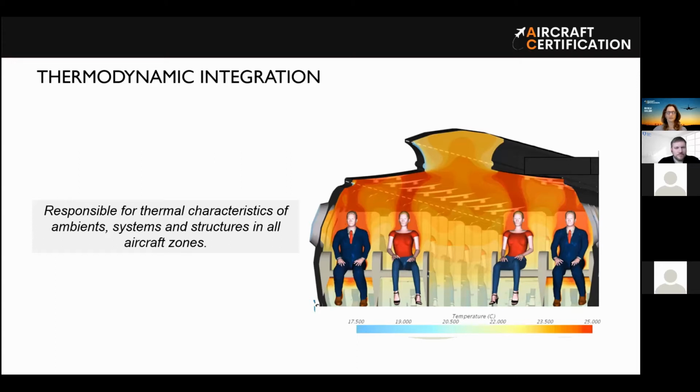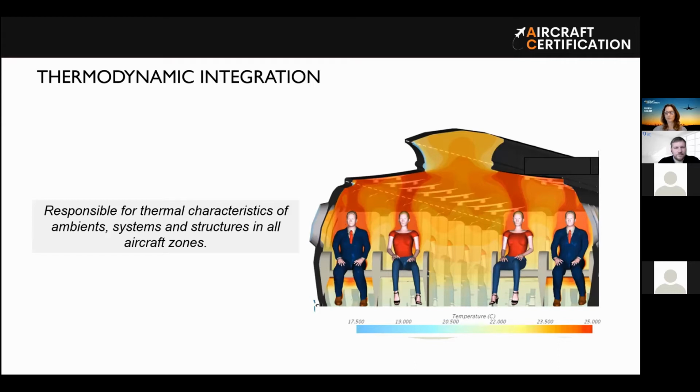We normally use some type of analysis or some type of tests. In your case, if you ever felt too hot or too cold when you were traveling in an airplane, probably this is a problem of thermodynamic integration for sure.